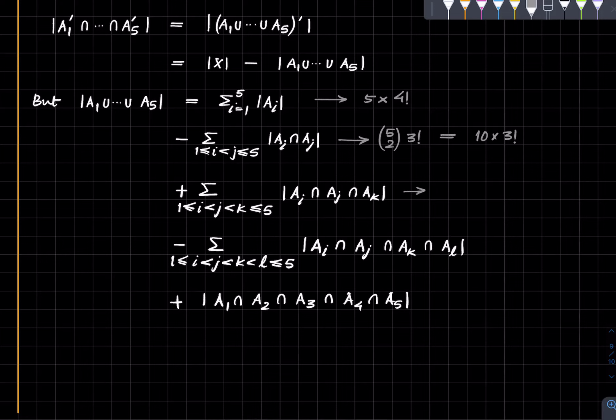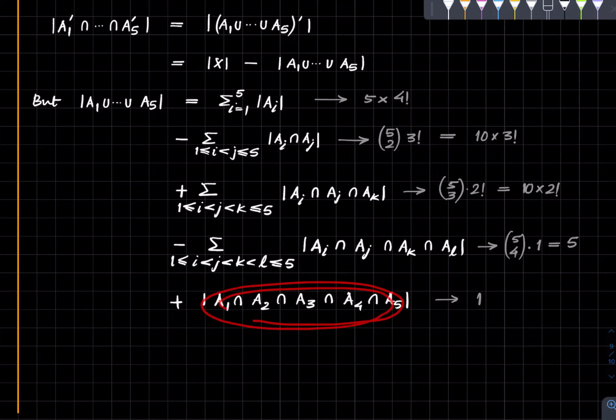This is similarly 5 choose 3 times 2 factorial, which is 10 times 2 factorial. This is 5 choose 4 times 1, which is 5. And this is equal to 1, because if each letter goes into the correct envelope, there's only one way to do it.